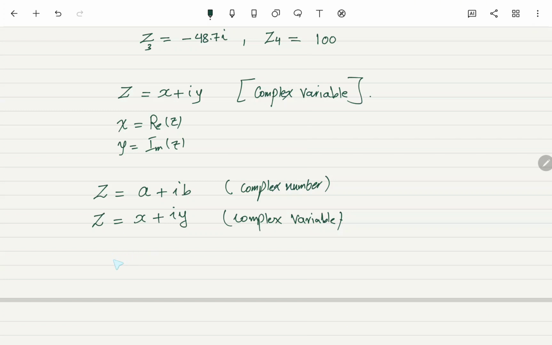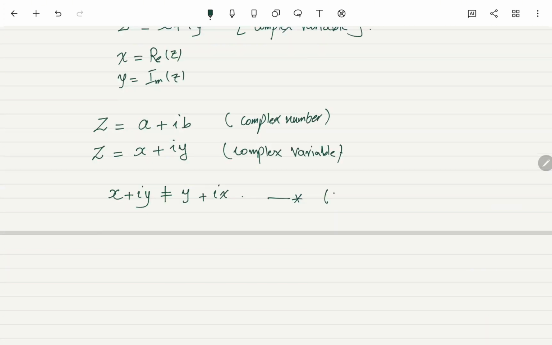Again, x plus iy does not equal y plus ix if x is not equal to y.